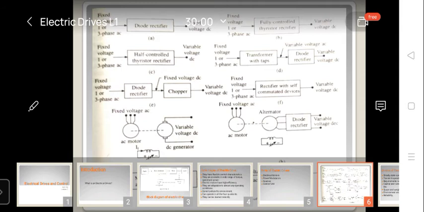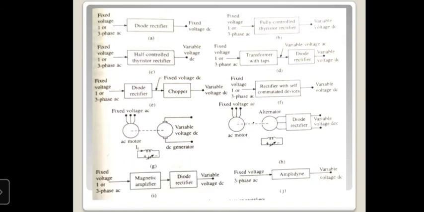Suppose we have fixed AC available and we try to change it into variable DC. Now we are talking about 2021. Then we can use a chopper.